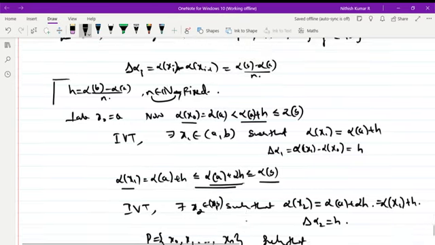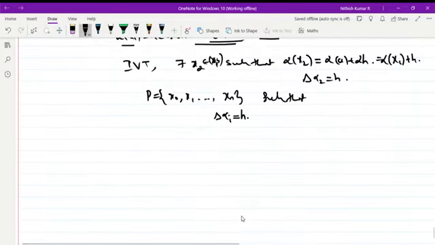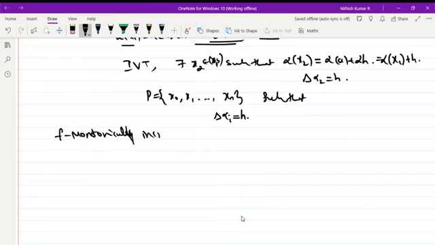Now it is given that f is monotonic on closed interval a comma b. We shall assume that f is monotonically increasing. Similar arguments follow for monotonically decreasing.